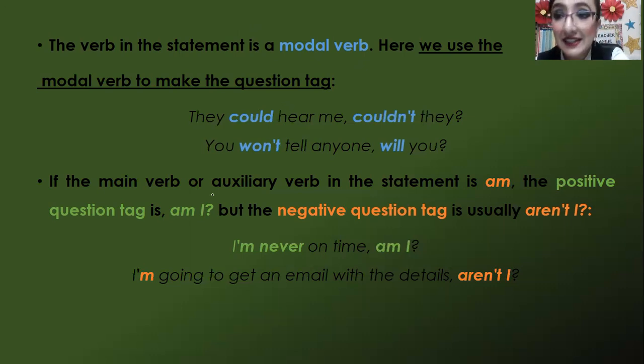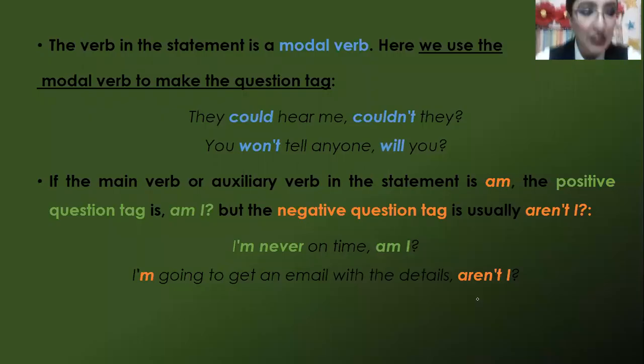So yesterday we were saying that if we don't have the auxiliary verb, we are going to be looking for the correct tense and making use of the correct auxiliary verb. When we have this kind of modal verbs, it is going to be easier for us. Why? Because we already have the auxiliary there, and it is going to be easier.